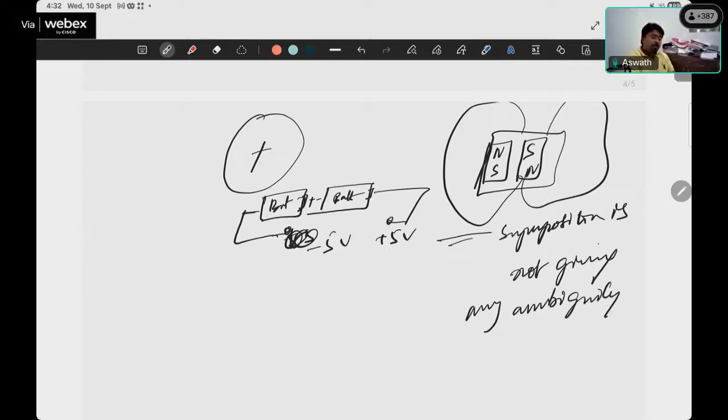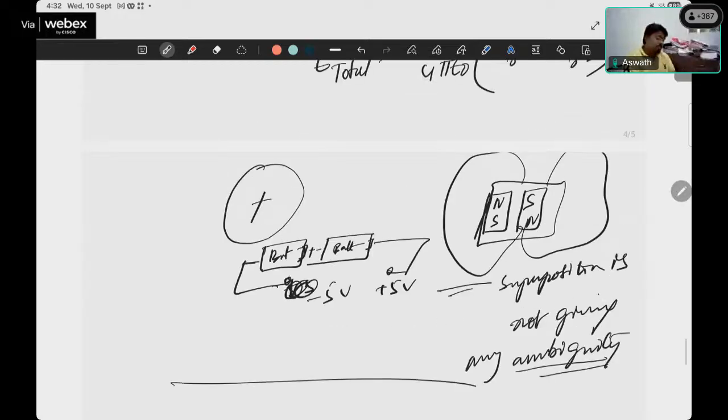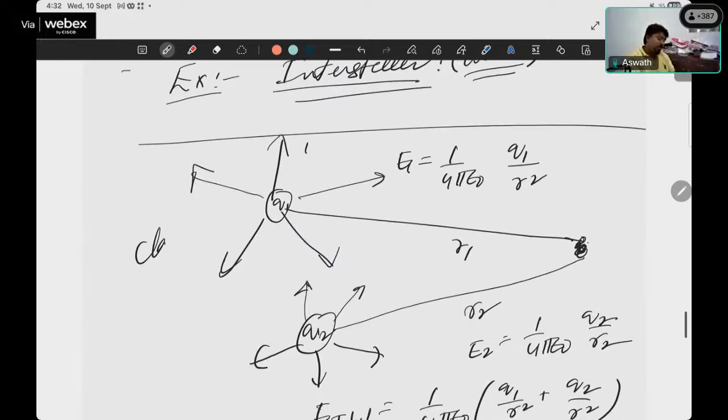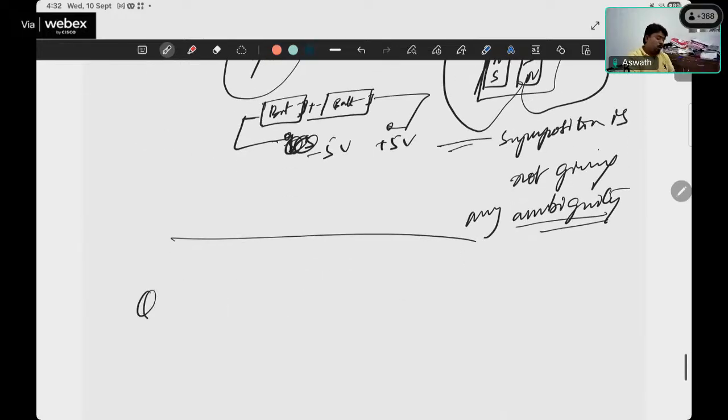Remember, ambiguity means confusion. There is nothing like this or that. It is certainly this. But this is a classical superposition. And now quantum superposition.